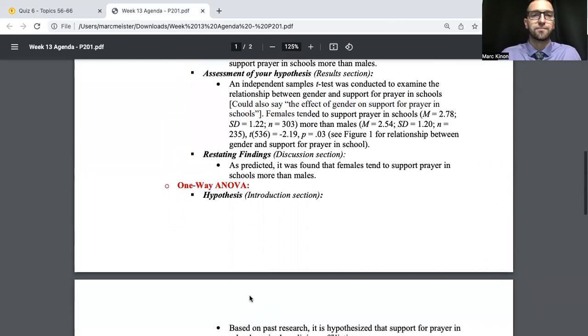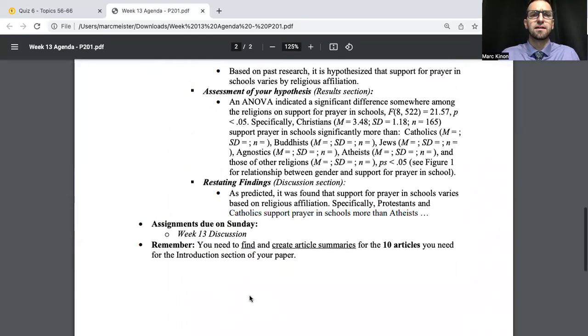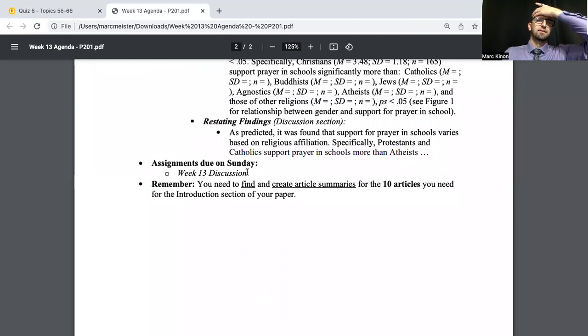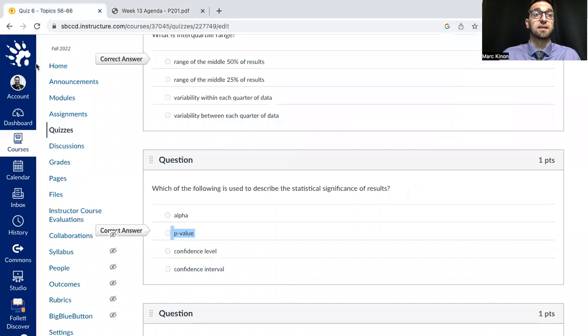Okay. So that's all you have to do, and all you have to do is the week 13 discussion, and this is due by Sunday, but let's take a look at it.